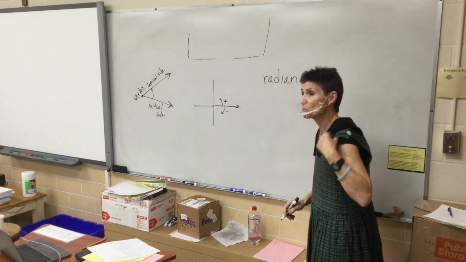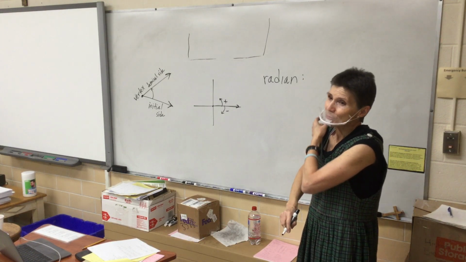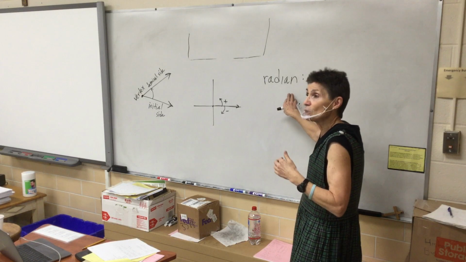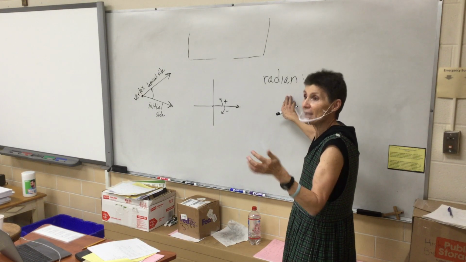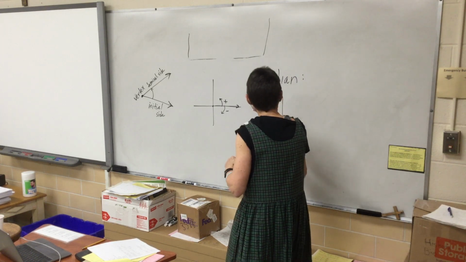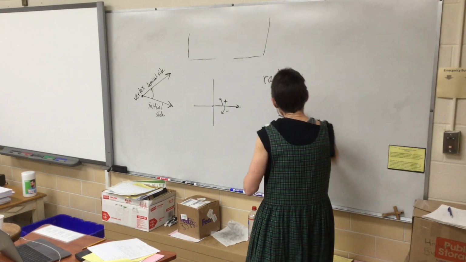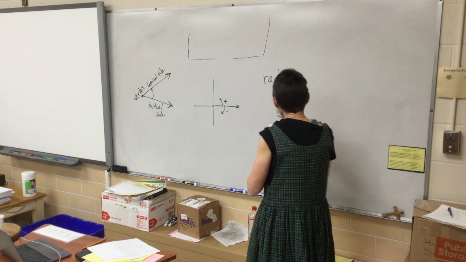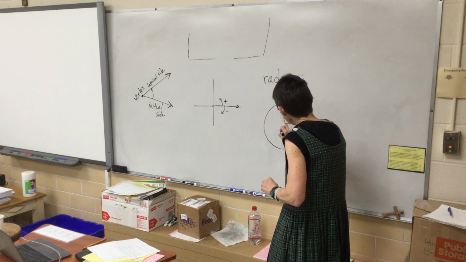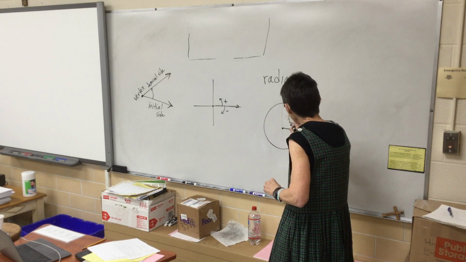Now, what is a radian? Well, you maybe have a bit of an idea just looking at the word. It's tied closely to a circle and the radius of the circle. So a radian is radius form. If we take a circle, and let's make the radius of that circle 4.